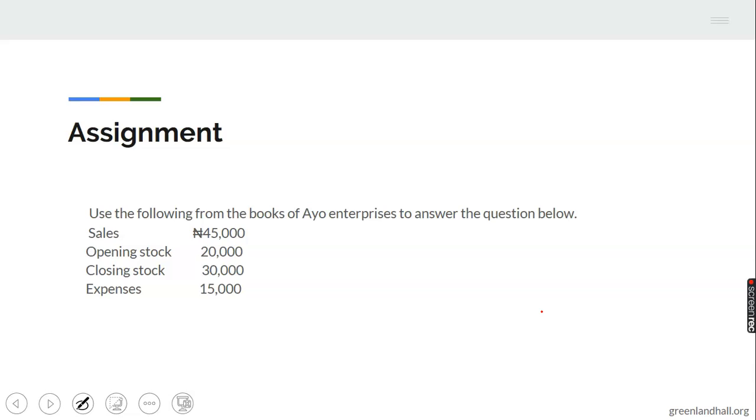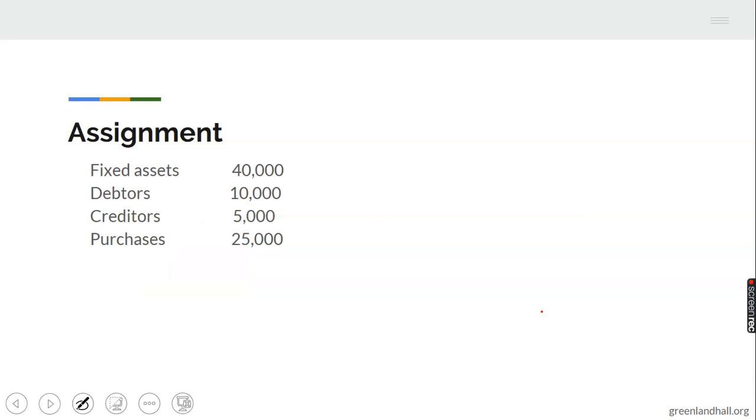Assignment. We are to use the following information from the books of Ayo Enterprises to answer the question below. Sales is equal to 45,000, opening stock equals 20,000, closing stock equals 30,000, expenses equals 15,000, fixed assets equals 40,000, debtors equals 10,000 naira, creditors equals 5,000 naira, purchases equals 25,000 naira.